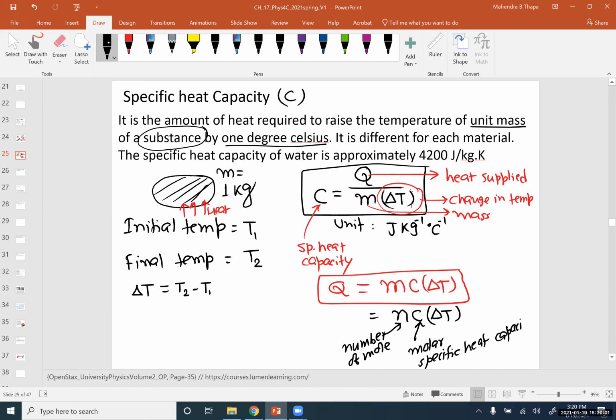So this is the definition, how it works.